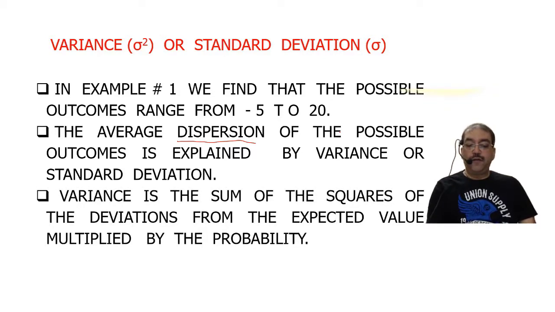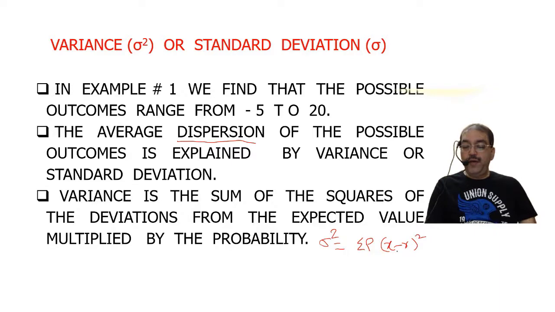Variance is the sum of the squares of the deviations from the expected value multiplied by the probability. Let us see if we can write the formula for this. Variance, sigma square, is equal to the summation of the squares of the deviations from the expected values, x minus r, the whole square, multiplied by probability, so p into.